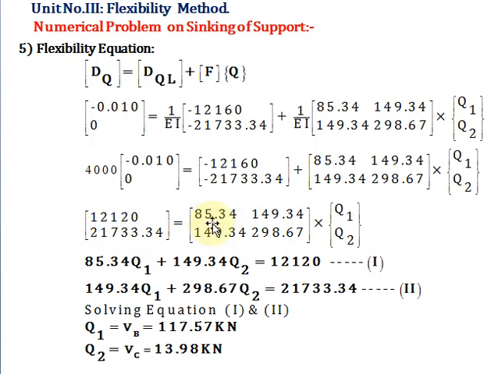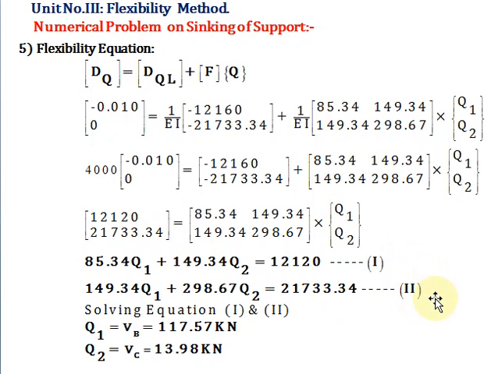Now 85.34 is multiplied by Q1 and 149.34 is multiplied by Q2. In matrix multiplication, we multiply row by the column, which is equal to 12120. Then 149.34 is multiplied by Q1 and 298.67 is multiplied by Q2, equal to 21733.34. So these are the two simultaneous equations.